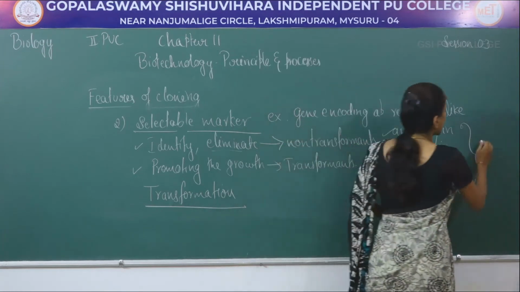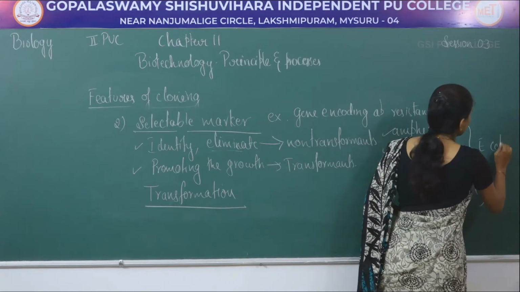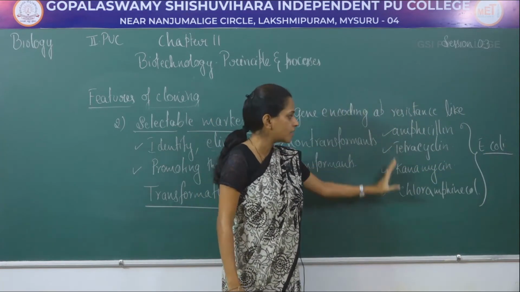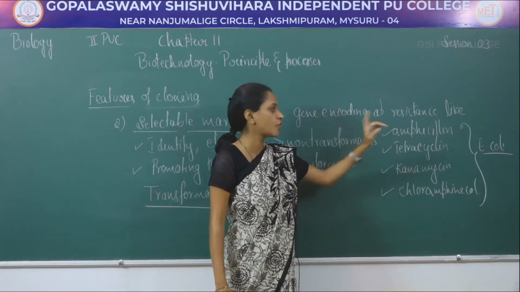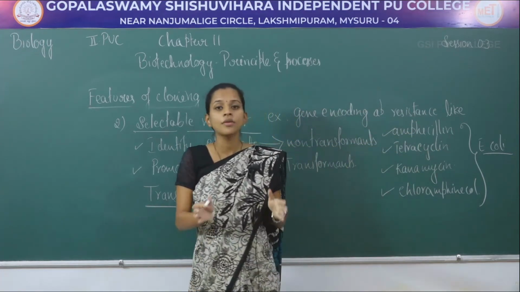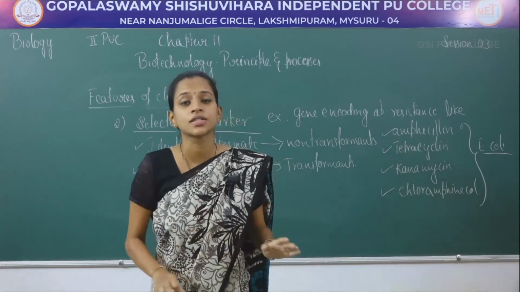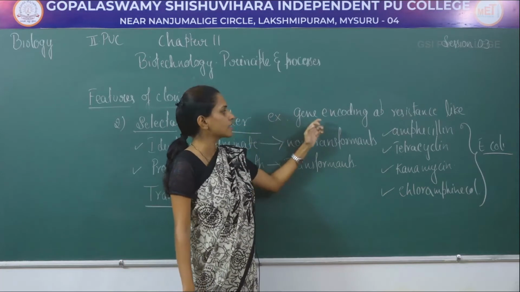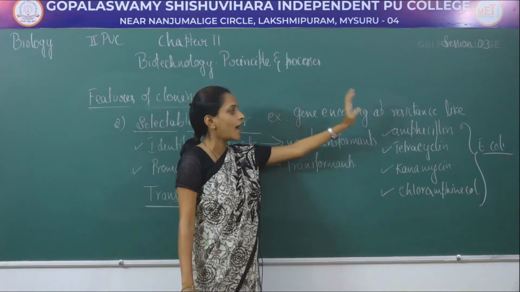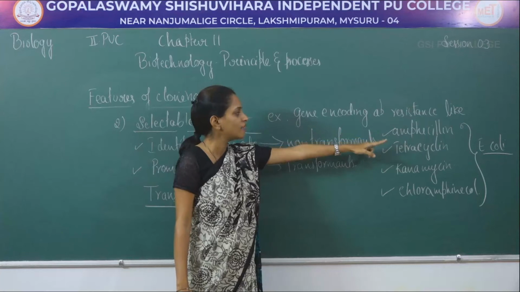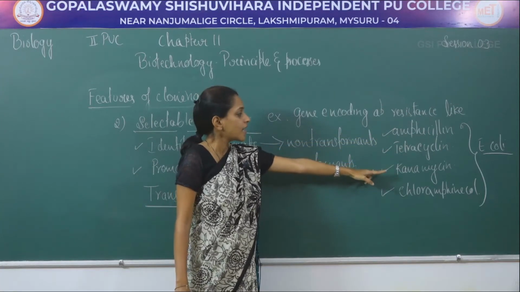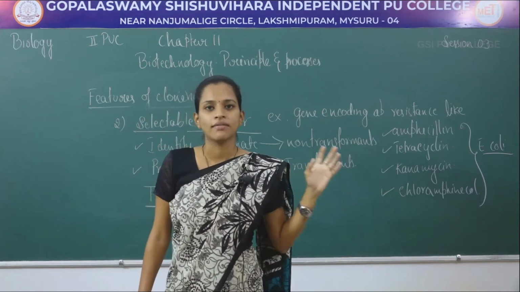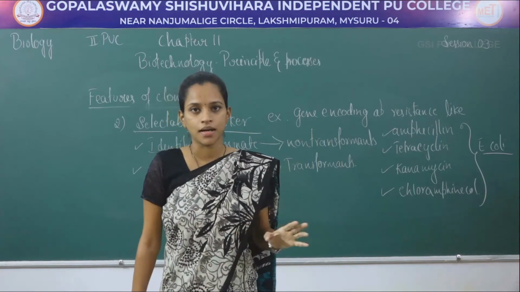All these are selectable markers for E. coli bacteria. Normally an E. coli bacteria is not resistant to any of the antibiotics. Because of using the selectable markers that involve genes encoding antibiotic resistance like ampicillin, tetracycline, kanamycin and chloramphenicol, now the bacteria is able to have a proper selectable marker.